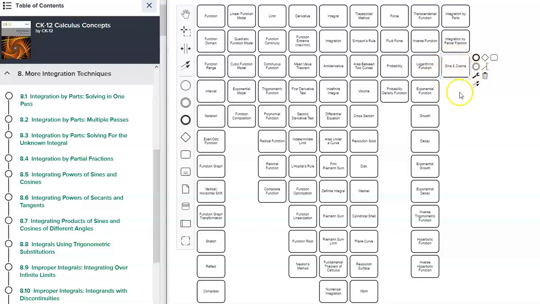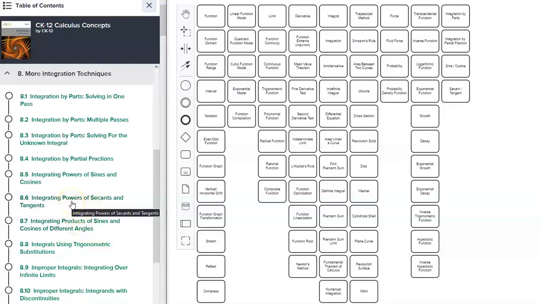I'm going to group those together because they're very related. And then we have secant and tangent. There we go. That's better. So we have our sine and cosine and our secant and tangent.